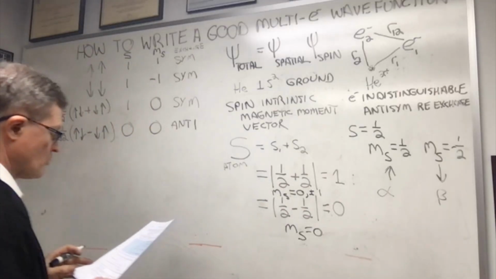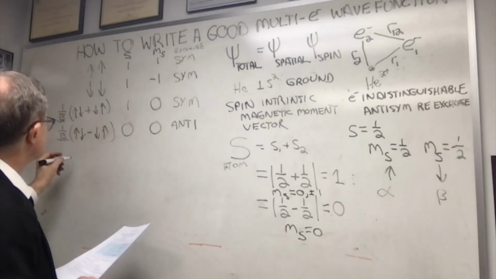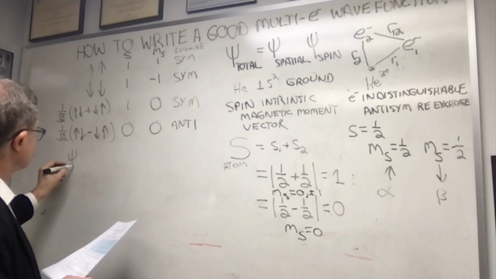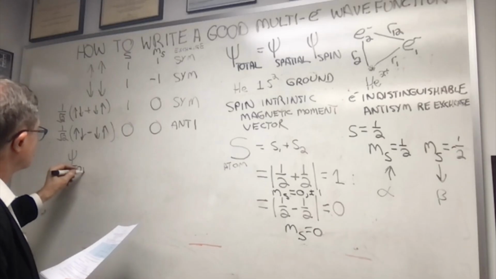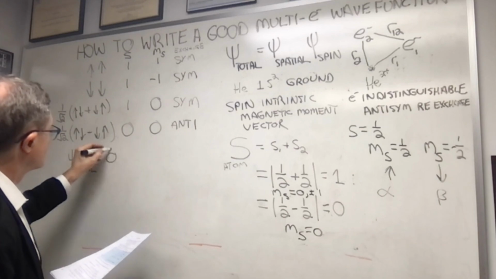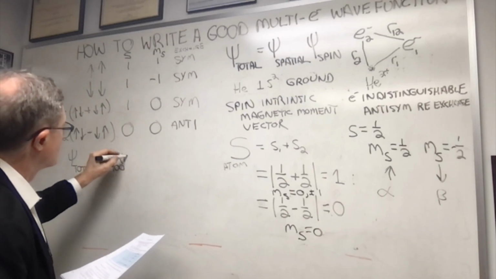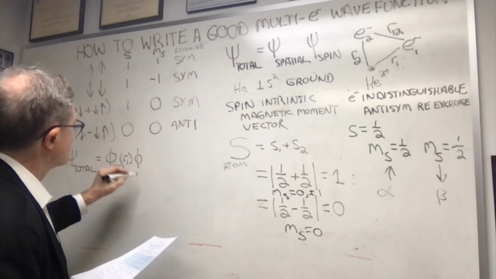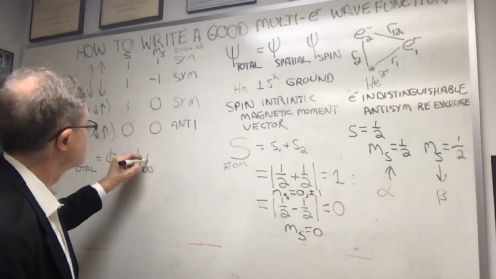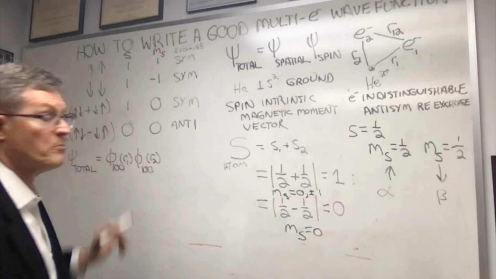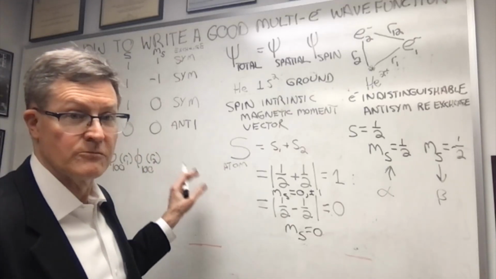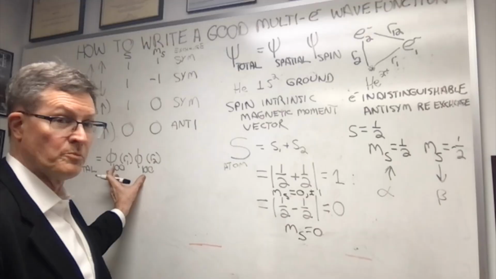So now we're going to have a wave function that looks like this: we're going to take the 1s wave functions for both electron 1 and electron 2. We'll multiply those together. That gives us a symmetric spatial part with respect to exchange.